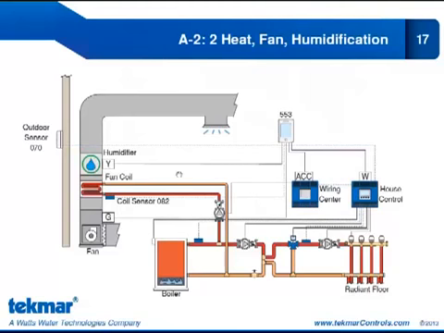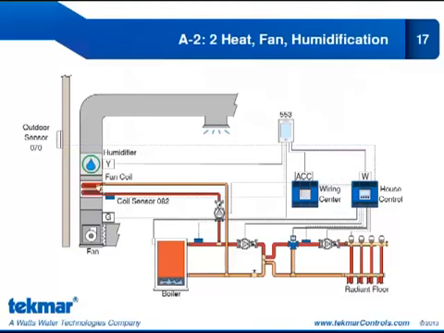We have the Y relay configured to operate the humidifier. Now this is why we are restricted in this application to humidification, because that Y relay cannot be configured to operate a dehumidifier. It can only be configured to operate a humidifier when we're doing humidity control. We also have the G relay for the fan operation.